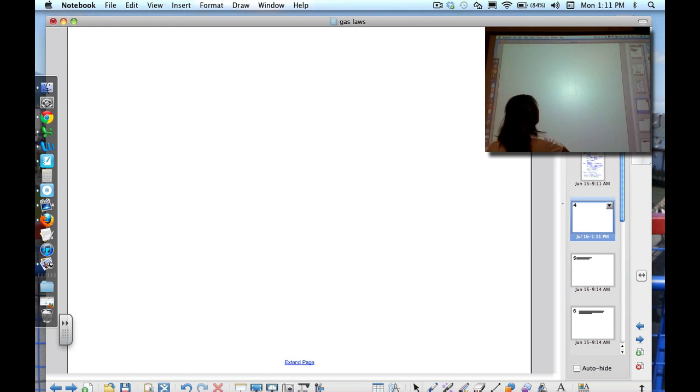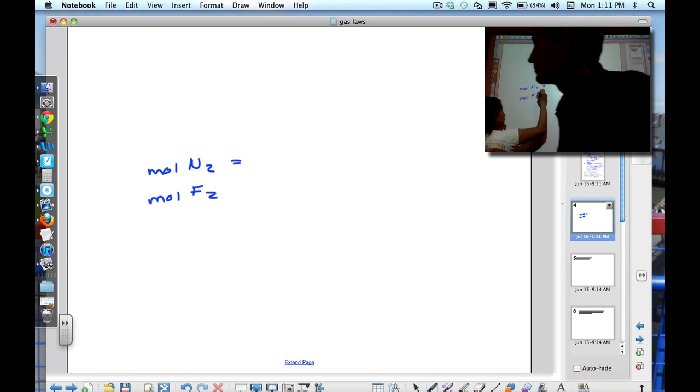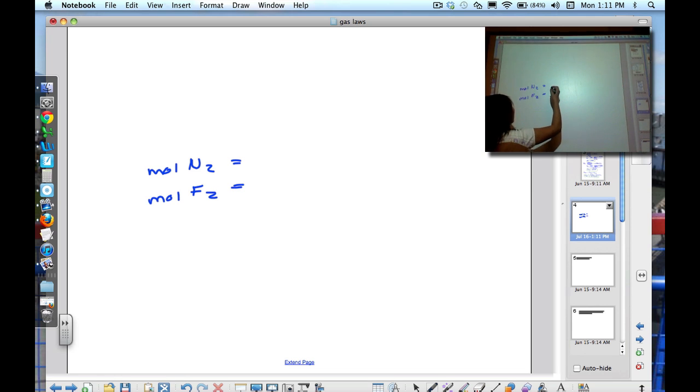Let's try that. So the moles of N2 is 0.178 and the moles of F2 is 0.132 moles.